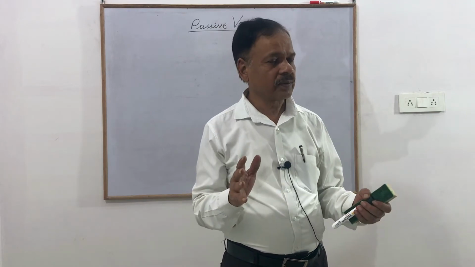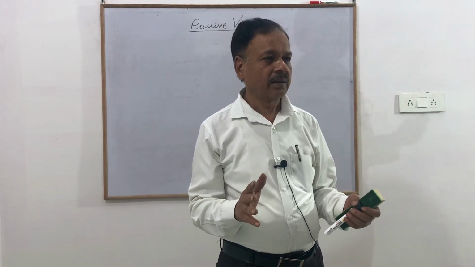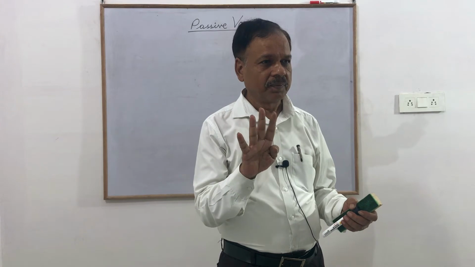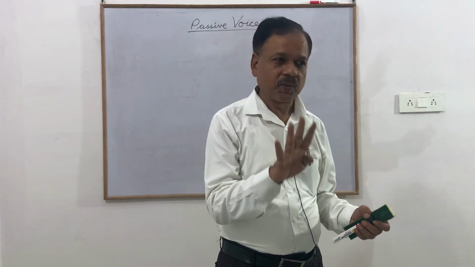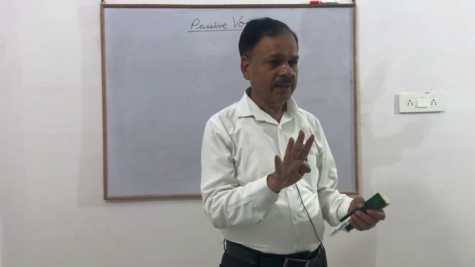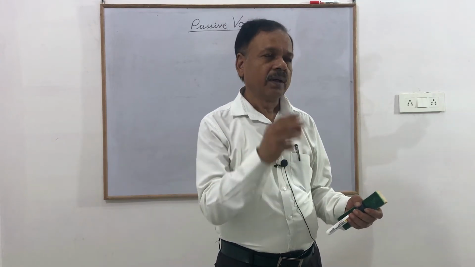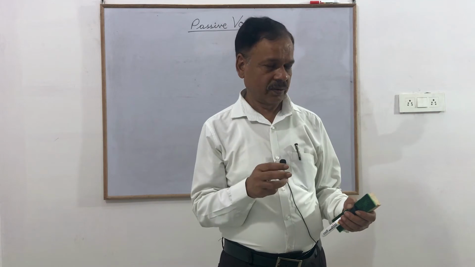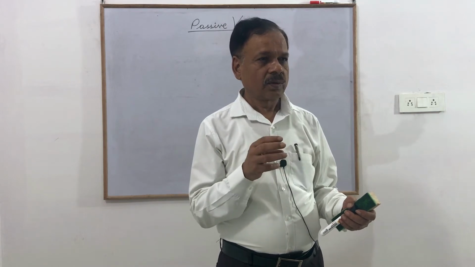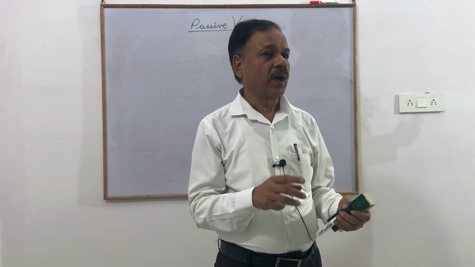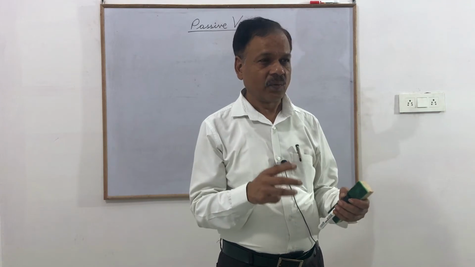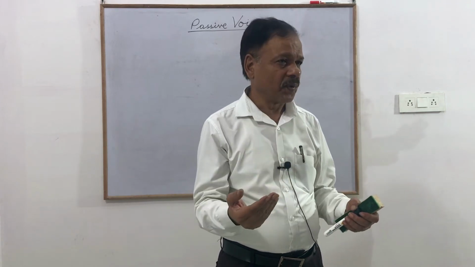We have 12 tenses and in 4 of them passive voice is not possible. That is the perfect continuous tenses and the future continuous tense. So, we have 8 tenses in which the passive voice is possible.